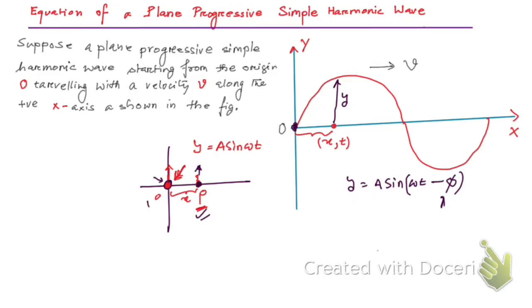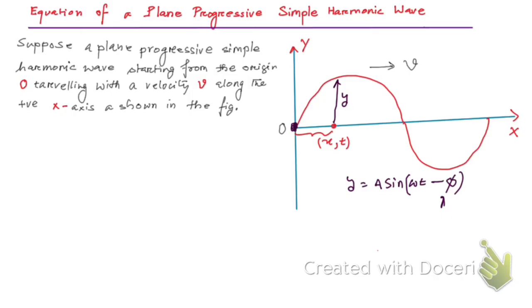As the particle at O started earlier and the particle at P started later, P is lagging behind. That's why for this particle the equation is y equal to a sin(omega t minus phi), and for the particle at origin O I have considered the other equation. Hope you have understood this.